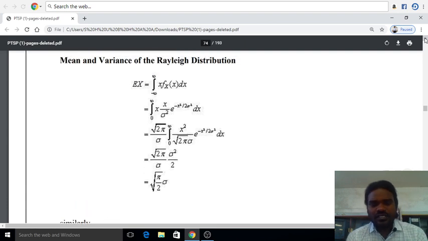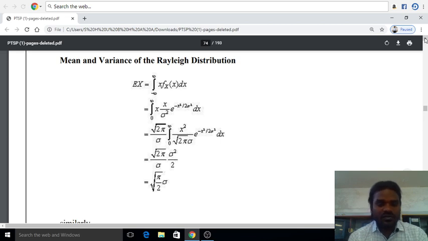It is a continuous distribution, so the random value keeps varying continuously, and the probability density function also keeps varying, so we can't get any constant value. To avoid this problem, we take the average value, that is, the mean value. Mean is denoted with mu.